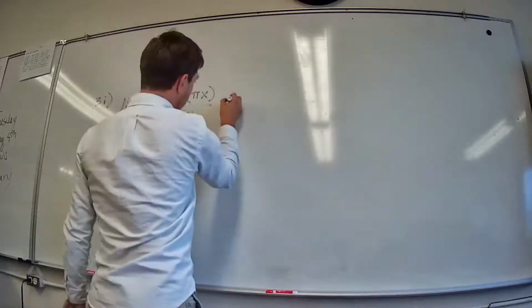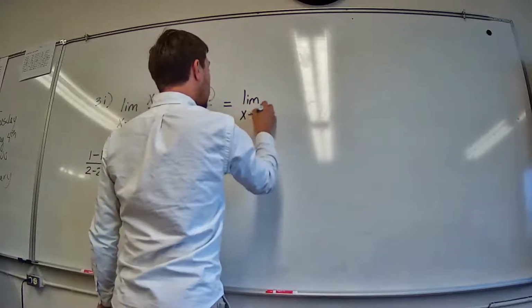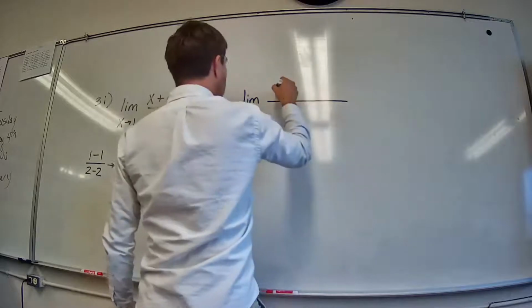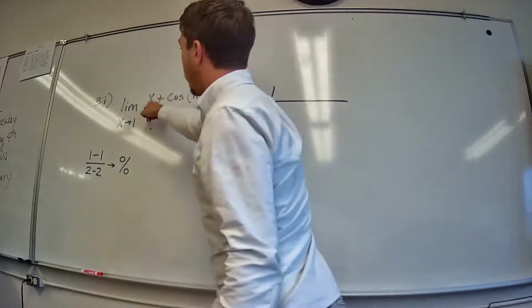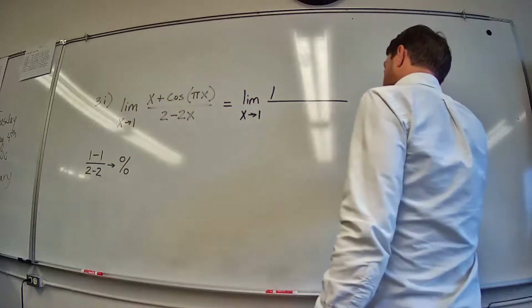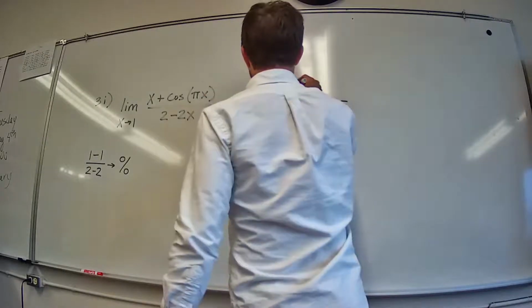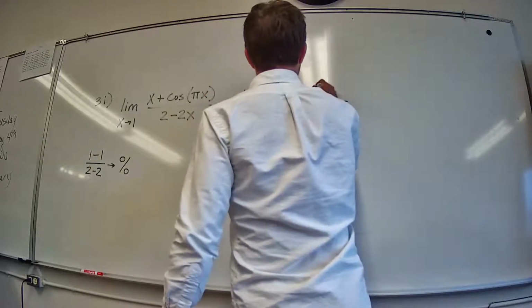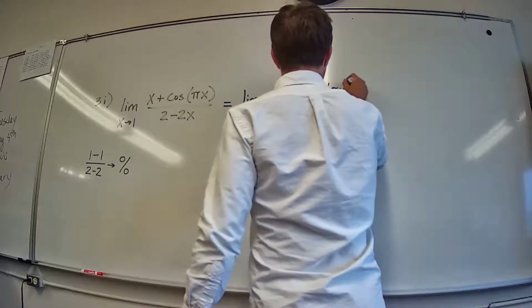So we're going to say that limit is equal to this one. The derivative of the top would be 1. And what's this cosine term going to turn into? Negative, and don't forget, negative pi sine of pi x.